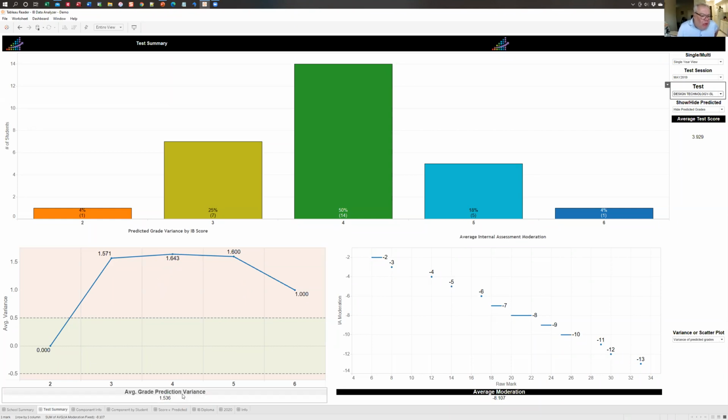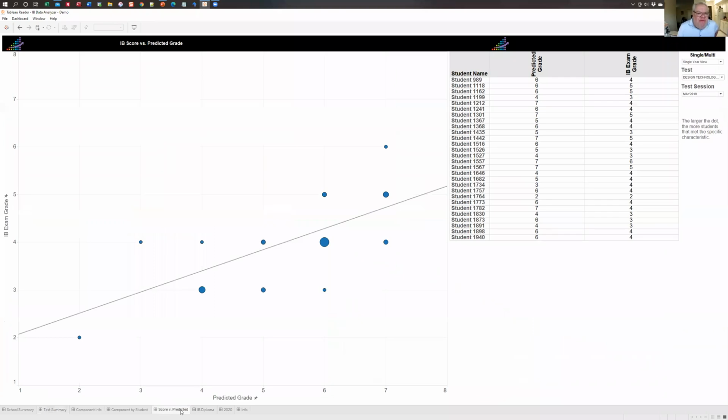The other way to look at it, and I find that teachers prefer this view, is this is a scatter plot that basically shows the predicted grade across the bottom and the exam grade. So if you go look at each group, this student was predicted as 7, earned a 6.